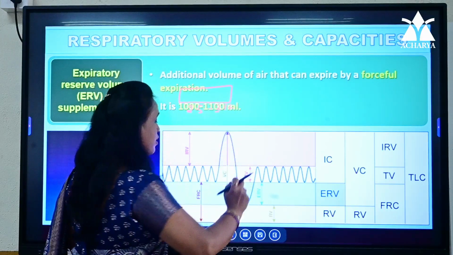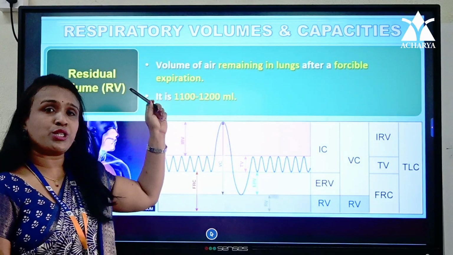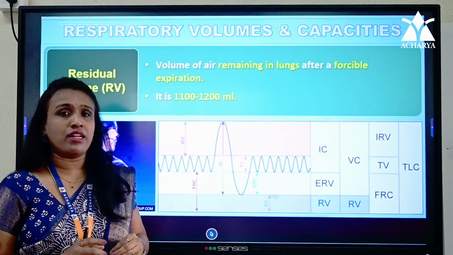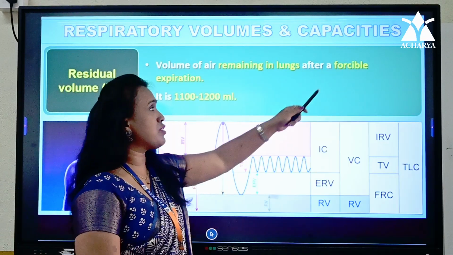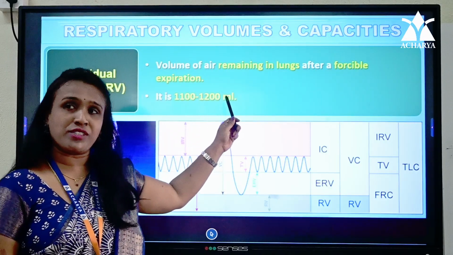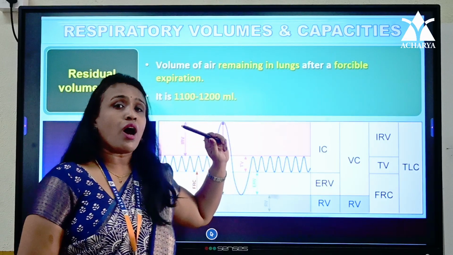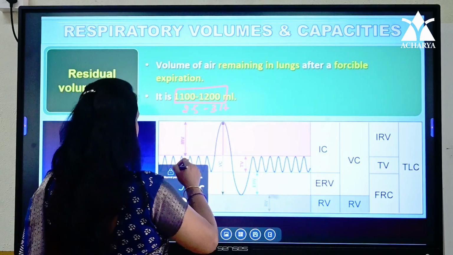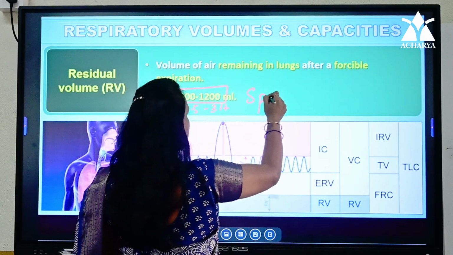Is that clear, children? The next volume is residual volume. It is the amount of air that is still present in our lungs even after the forcible expiration. It is about 1100 to 1200 ml. How do you measure it? We will measure it with the help of an instrument called spirometer.